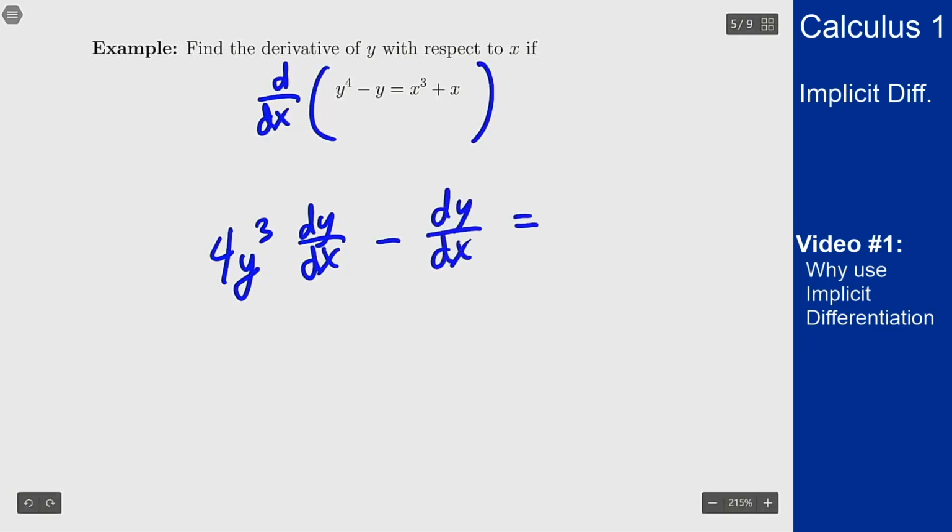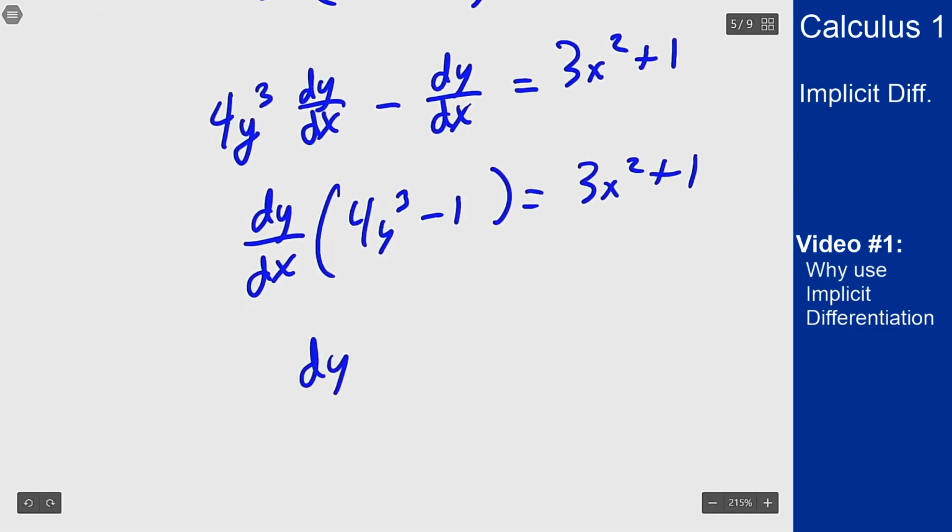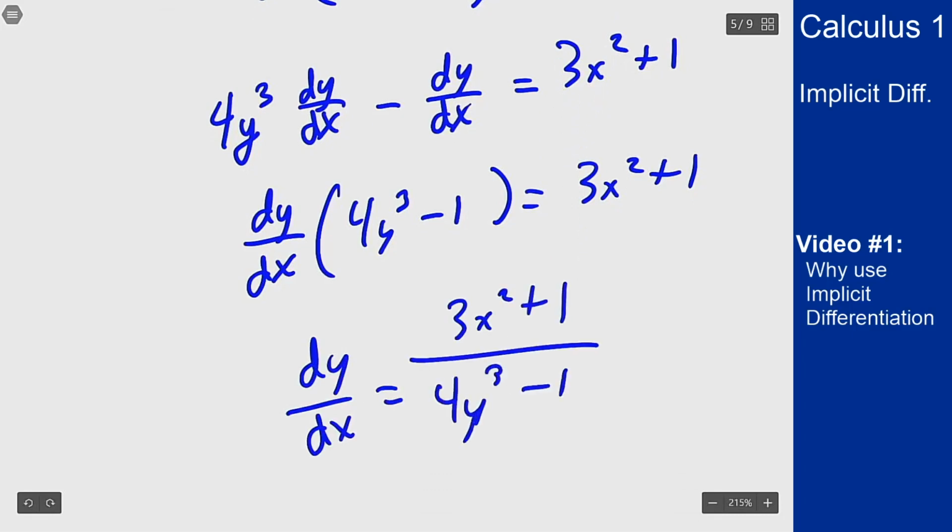And this equals, the right side only has x in it, so it's going to differentiate normally, 3x squared plus 1. And now I can solve out for dy/dx. dy/dx times (4y cubed minus 1) equals 3x squared plus 1, or dy/dx equals (3x squared plus 1) divided by (4y cubed minus 1).